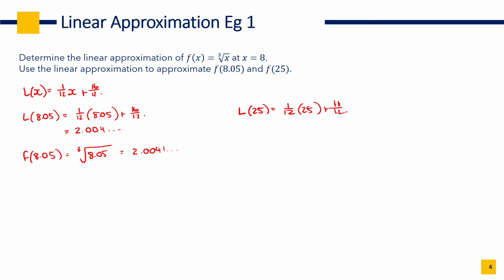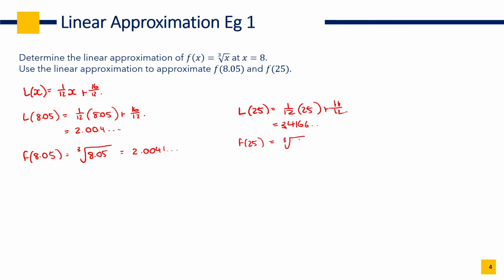And that's going to give us 3.416. And the 6 continues for a bit and then becomes a 7, it's recurring, 3.41.